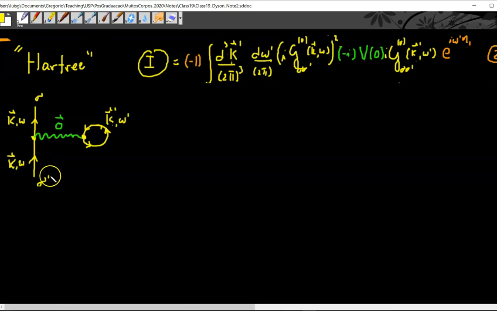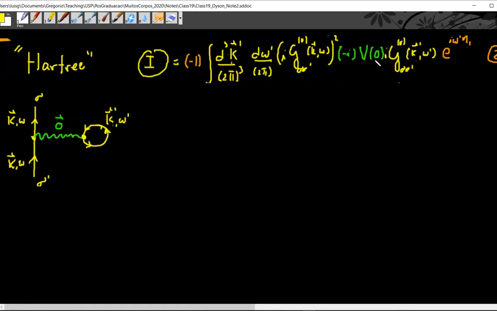It could be the diagonal. It's just that there will be a delta function here anyway. So this is i G naught K omega squared. Then there's the interaction line, minus i times V, and the momentum is 0.